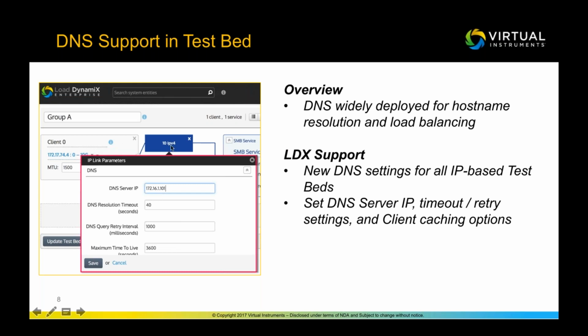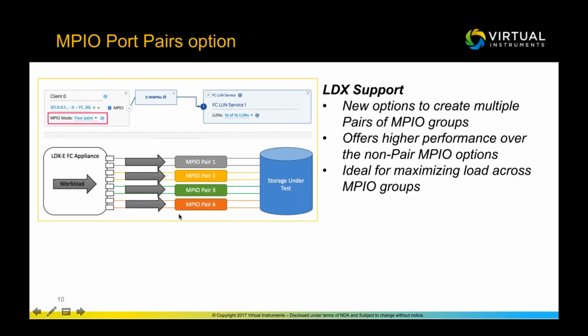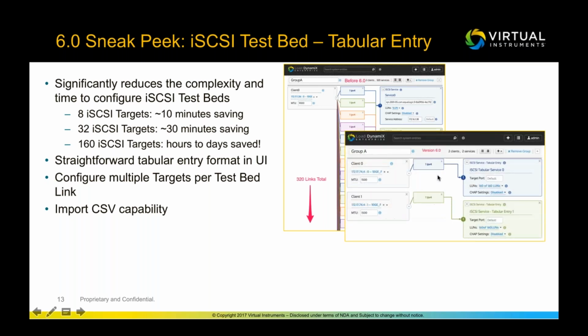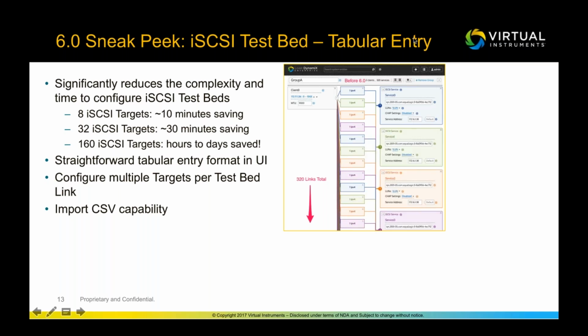So if you have an existing iSCSI testbed that has 320 links, as I'm showing in the example here, and want to convert it into something simple that goes over 2 links, we have to make some assumption that the information configured across all these testbed links can be collapsed into a single range or a single value. And we cannot always make that assumption, because there are going to be more complications to that.